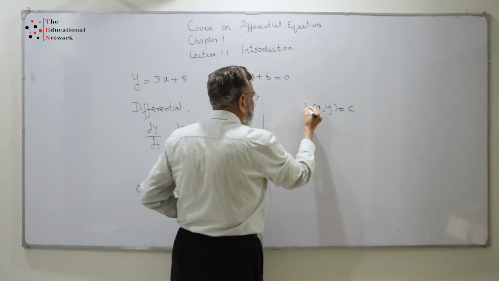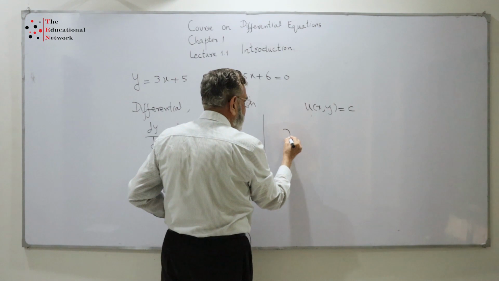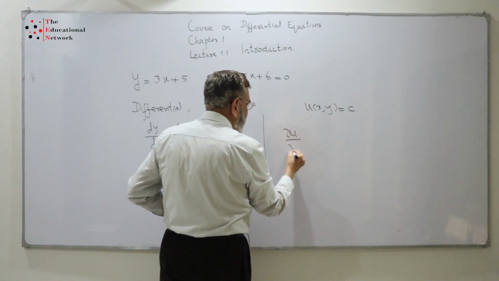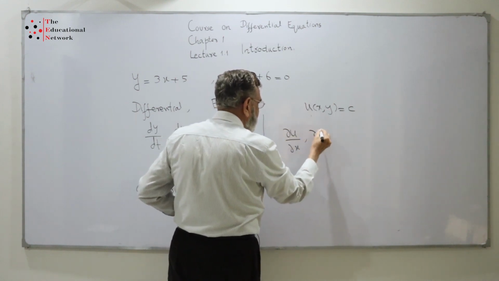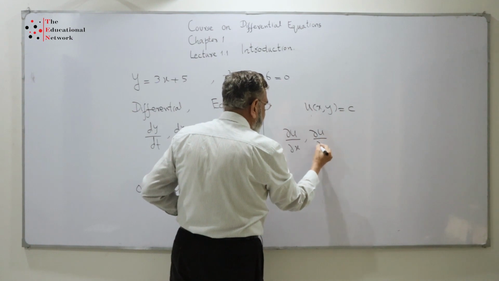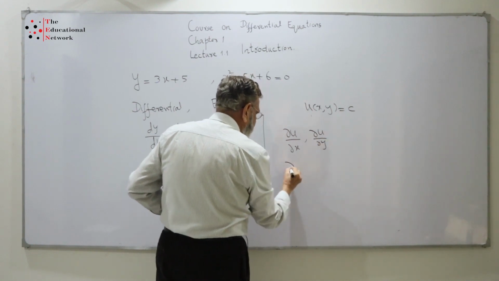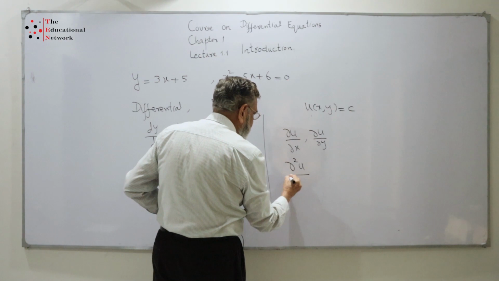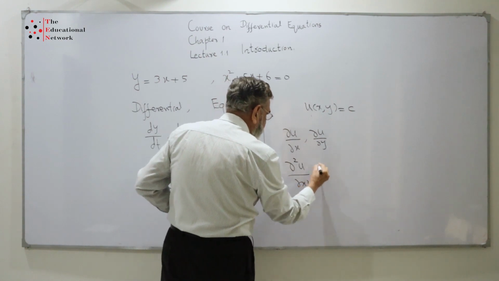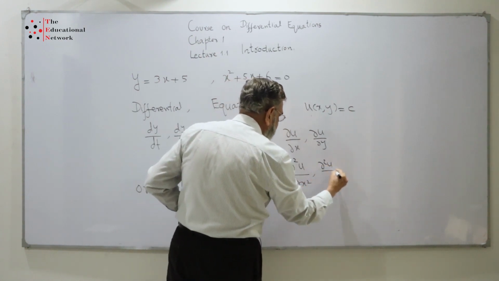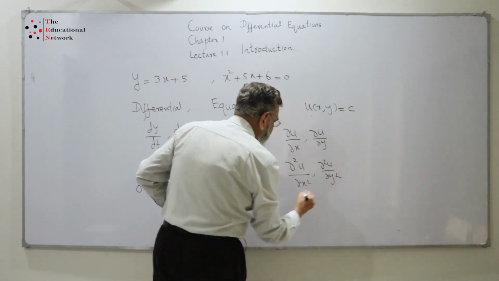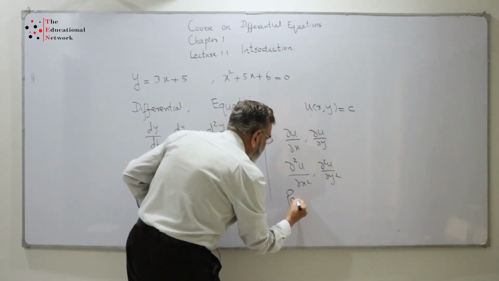Instead of f I take u. So I have partial derivatives: partial u by partial x, partial u by partial y, first order. Or we can have the second order derivatives, partial 2u by partial x squared and partial 2u by partial y squared. These are my partial derivatives.